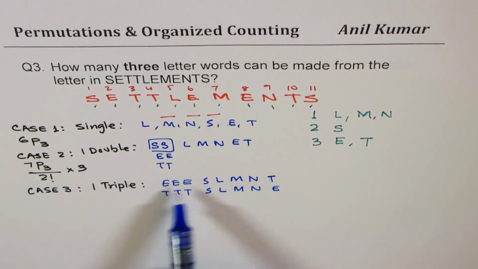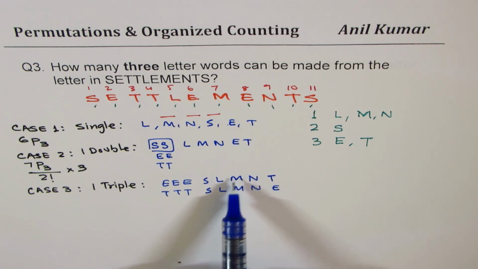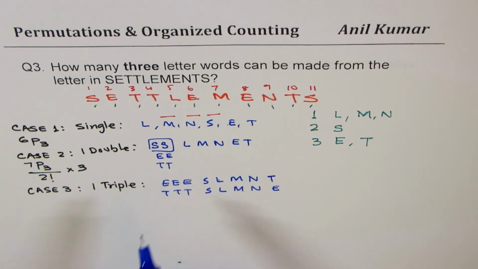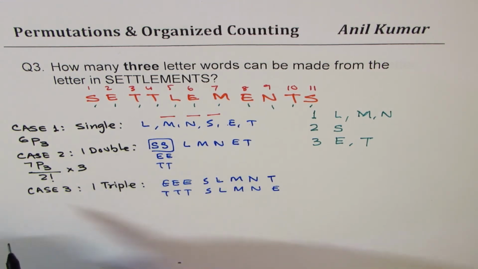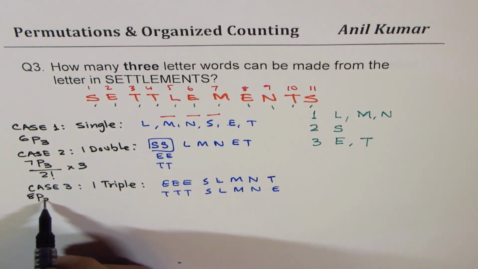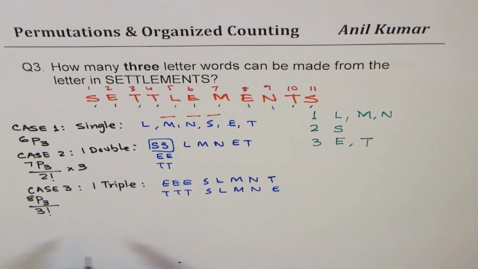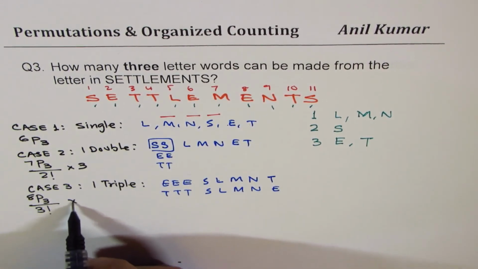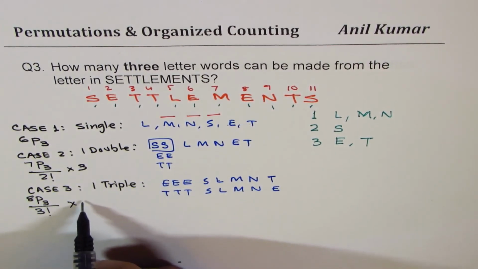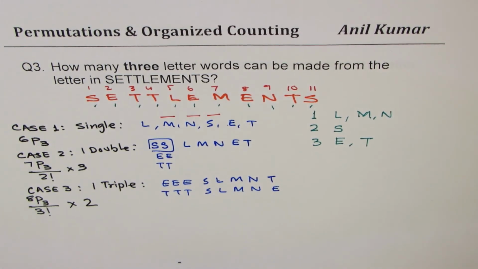So how many letters are we working with? 1, 2, 3, 4, 5, 6, 7, 8. So we have 8P3, out of which we have a triple, so divide by 3 factorial, and we have 2 such things. We could go with T's also, right? Times 2. Does it make sense to you?